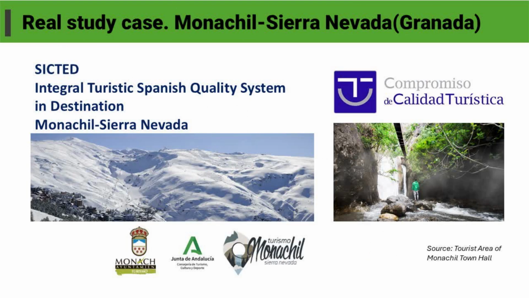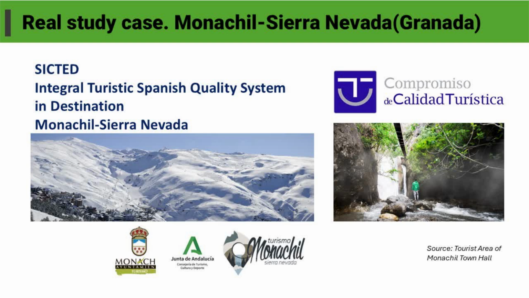Now we will proceed to analyze the real case of the Integral Touristic Quality System in the Monachil, Sierra Nevada destination. Its collaborative governance project is based on cooperation. It began in 2016, where ecotourism is one of the fundamental axes of its tourist development.